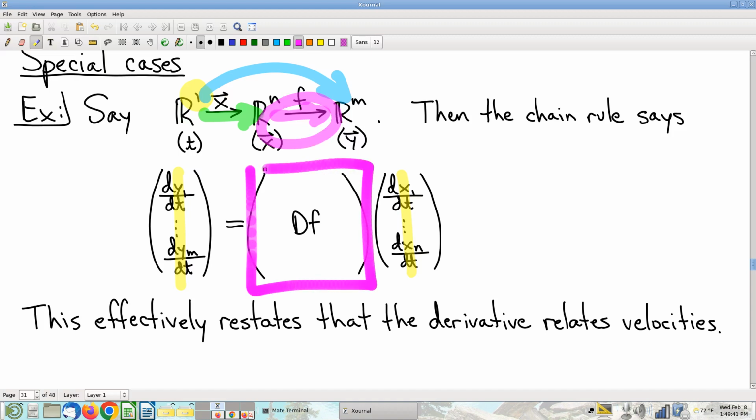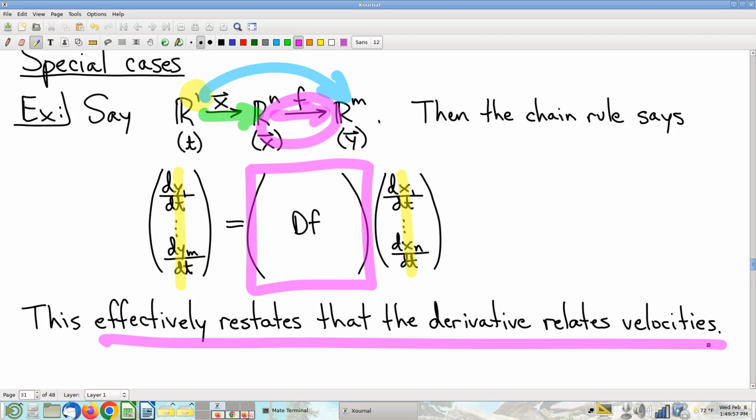It's telling me about a relationship between the input velocity to this purple function and the output velocity from this purple function. This is something we already knew, but nevertheless I do think it's kind of cool that this restates this known interpretation that what a derivative matrix does is it relates input velocities to output velocities. And a point of view you can take is that this statement about derivatives relating input velocities to output velocities could be viewed, depending on the approach you take to these things, as a consequence of the chain rule.